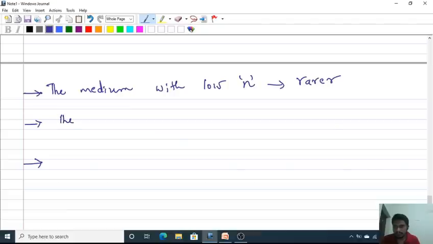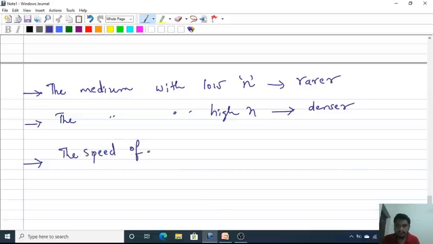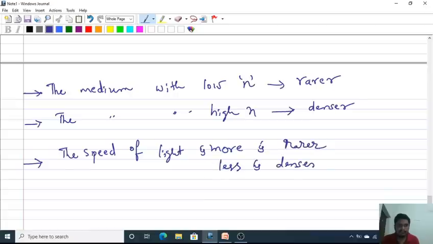Similarly, the medium with high refractive index, high n, is said to be a denser medium. And what about the speed? The speed of light is more in a rarer medium and less in a denser medium. Try to remember these points.